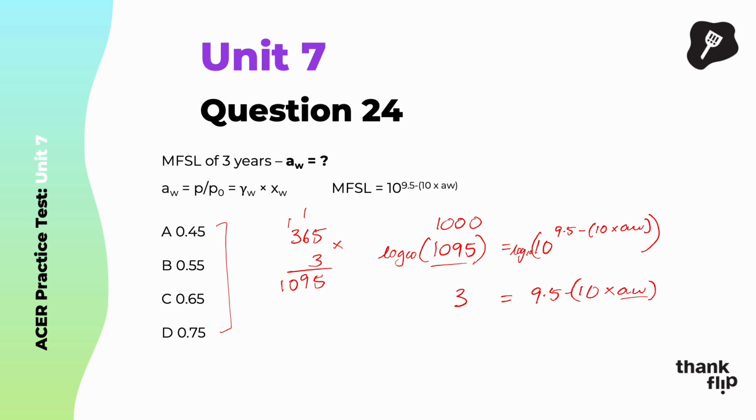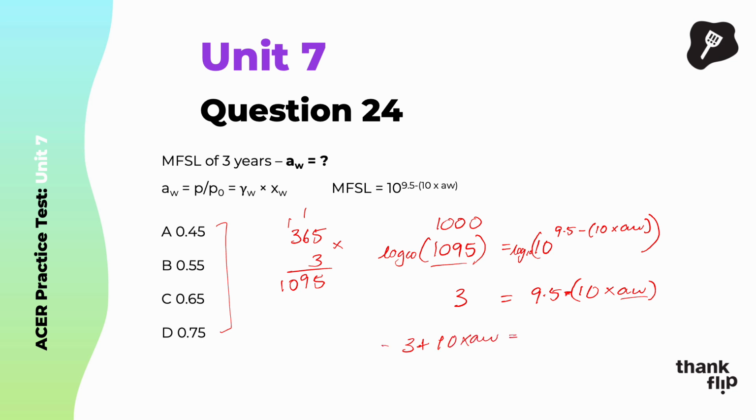So I would get 3 is equal to 9.5 minus 10 times AW. So I would do the same thing that I've been doing before. I would minus 10 times AW from both sides. So I would go 3, and because it's a negative, they cancel out, so I would go plus 10 times AW.